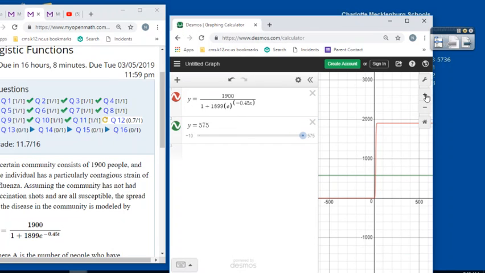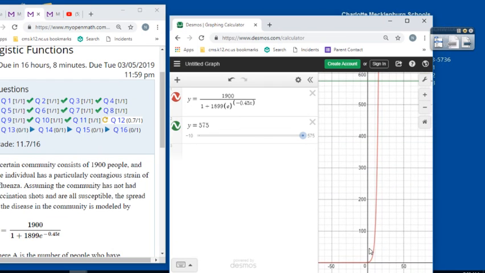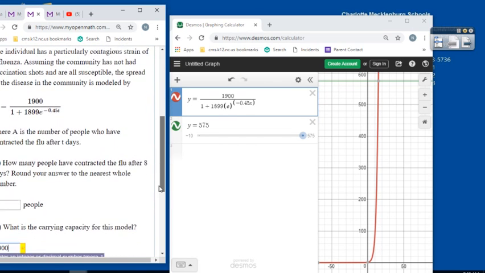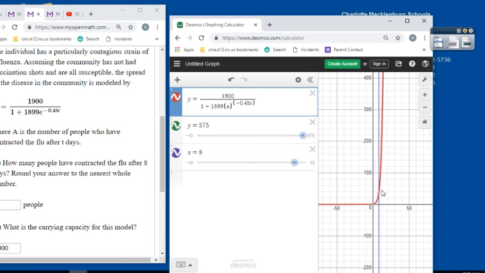Now I'm going to look at the value after 8 days, so I'm going to look at the line x equals 8. And you have 35.925, so it's going to round to 40.